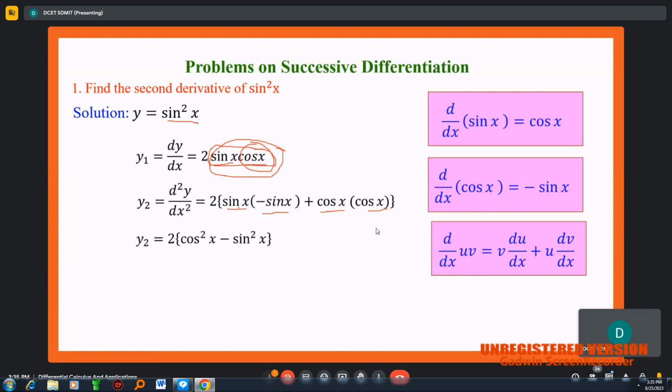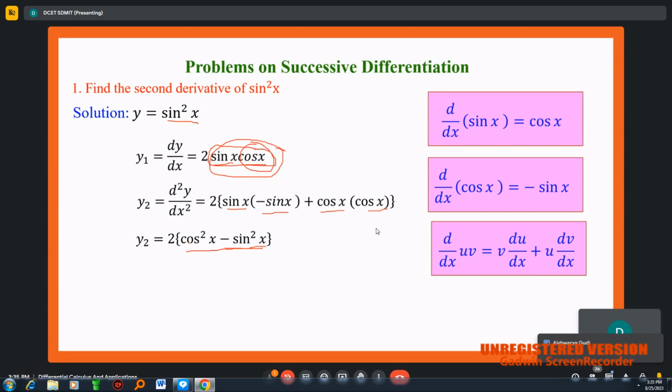2 into sin x into minus sin x is minus sin square x. Cos x into cos x is cos square x. Can anybody tell me the value of cos square x minus sin square x? Sin square x plus cos square x is 1, but here it is cos square x minus sin square x. What is cos square x minus sin square x?